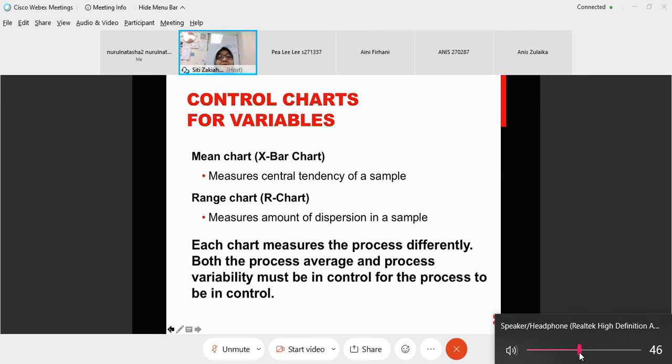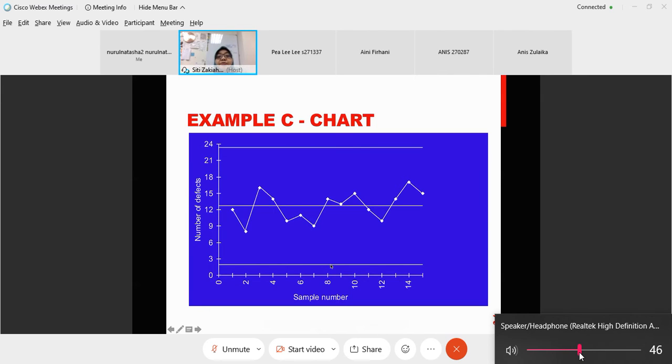When the process is in control, say if you are asked in the exam whether the process is in control or out of control, once you say the process is in control, you must explain why, like we did with the differencing plan. You can say that the points are all within the control limits. If it is out of control, why?